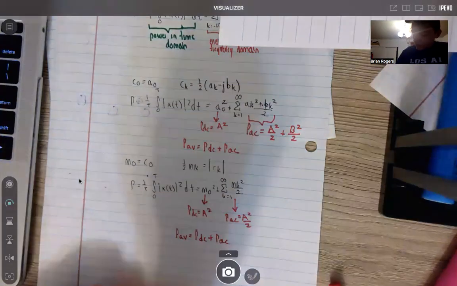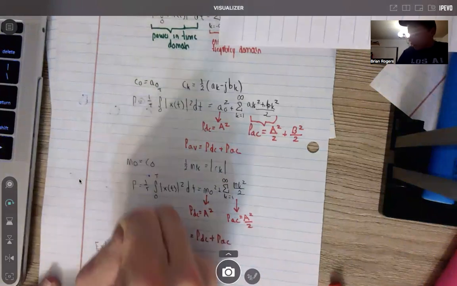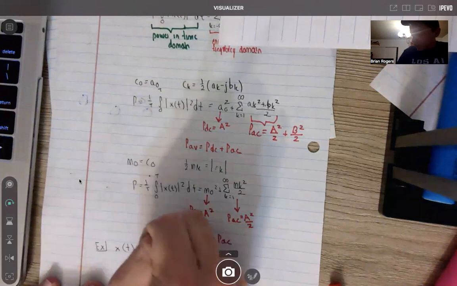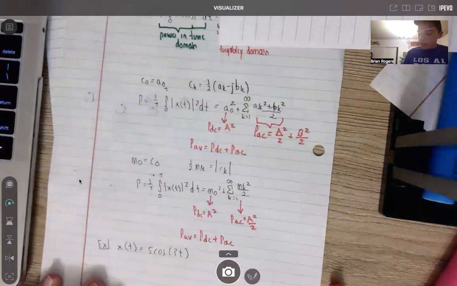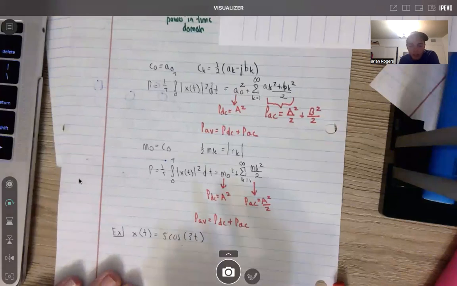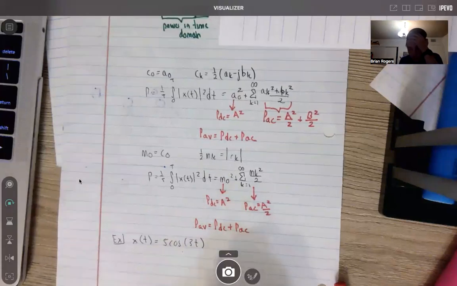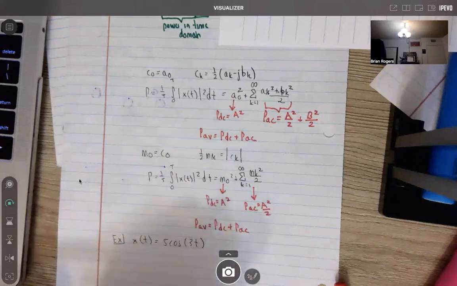Now, what is the average power of this signal, where we have x of t equal to 5 cosine 3t? Well, this looks like it can be either the trigonometric cosine-sine form, or the compact trigonometric form.